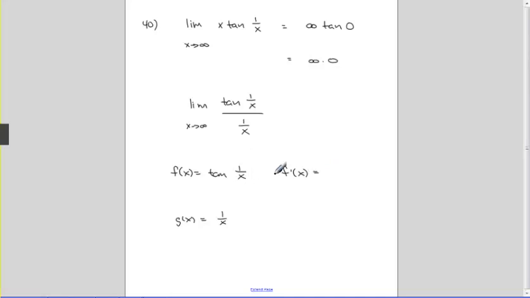Okay, so this you have to use the chain rule, and what we'll end up with is the derivative of the tangent is the secant squared. And then you multiply by the derivative of what's inside, which is going to be negative 1 over x squared. That's because 1 over x is x to the minus 1 power.